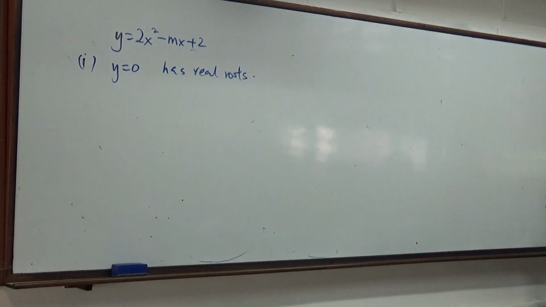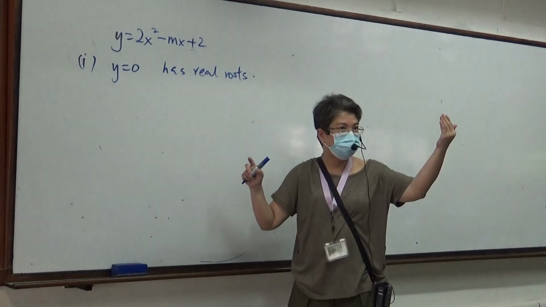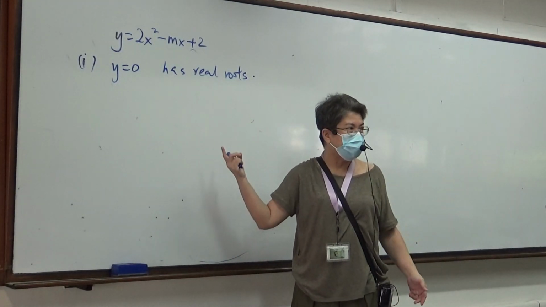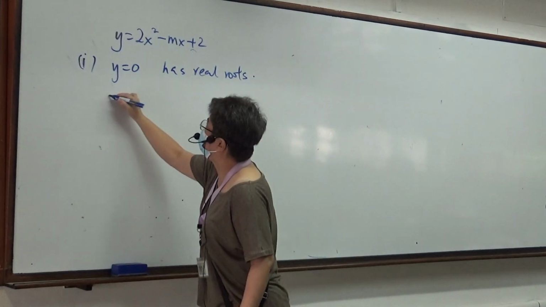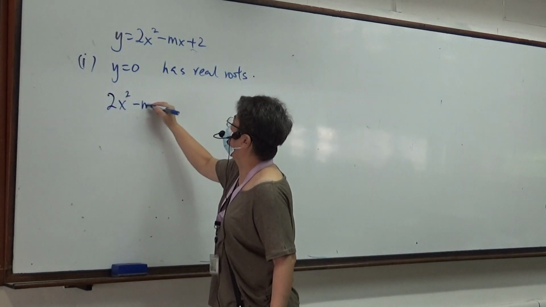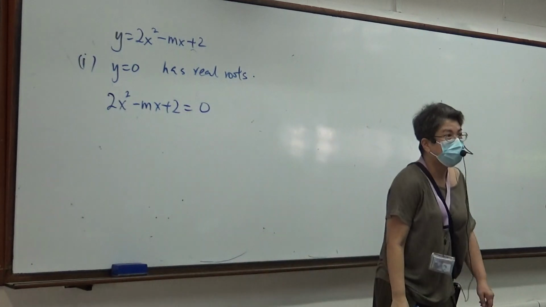Okay, I want everybody to look at the question now. You must look carefully and understand the question before you can do it. Y equals 0 has real roots. That means 2x squared minus mx plus 2 equals 0 has real roots.